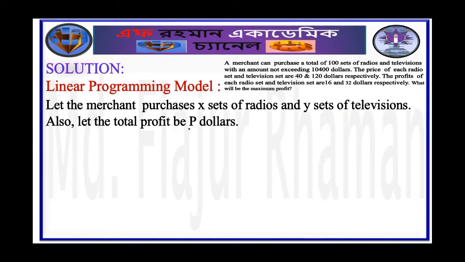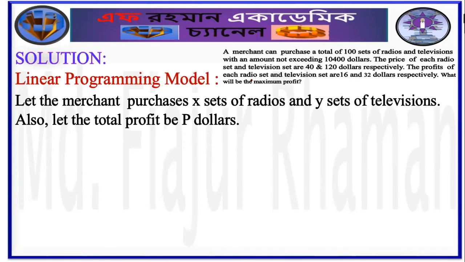In the second step, this objective function should be expressed mathematically. The profit of one set of radio is $16, so the profit of x sets of radios is $16x.